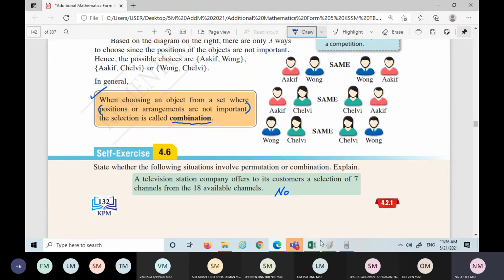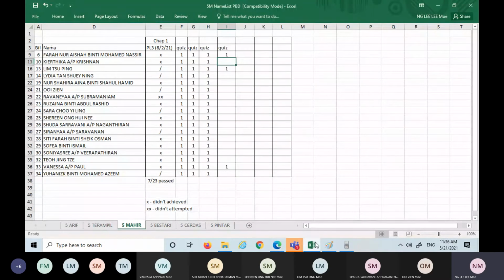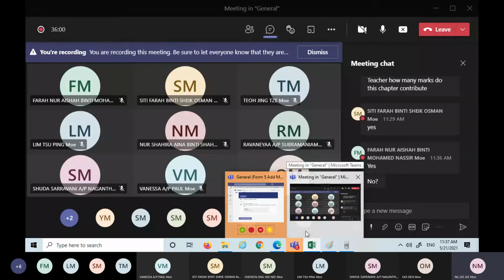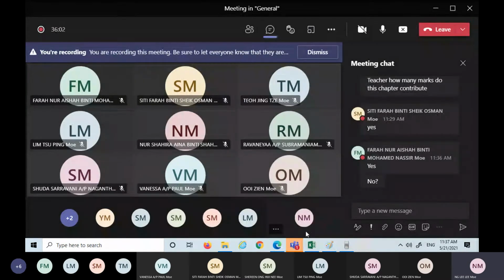Okay, next girl. Kritika is not here. Lydia. Is Lydia here?